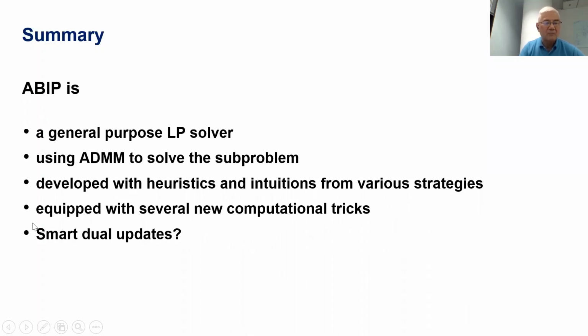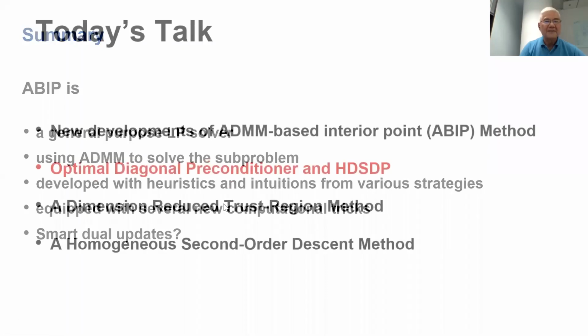Right now we're working on ADMM. We need to update the dual, so the question is how to update the dual in a more sophisticated way. Right now it's just a vector plus vector. So, yeah, this is for ABIP.